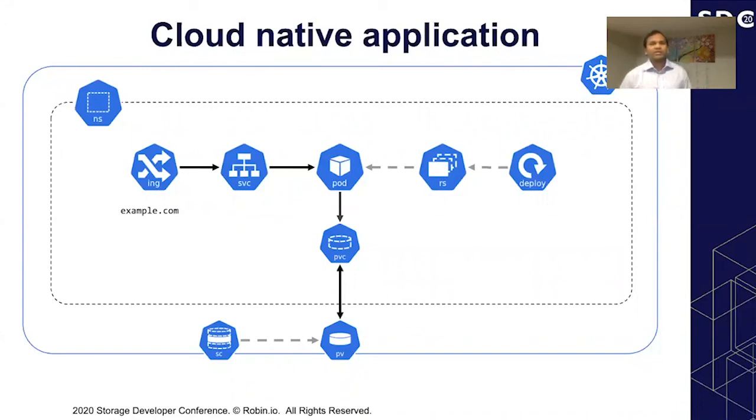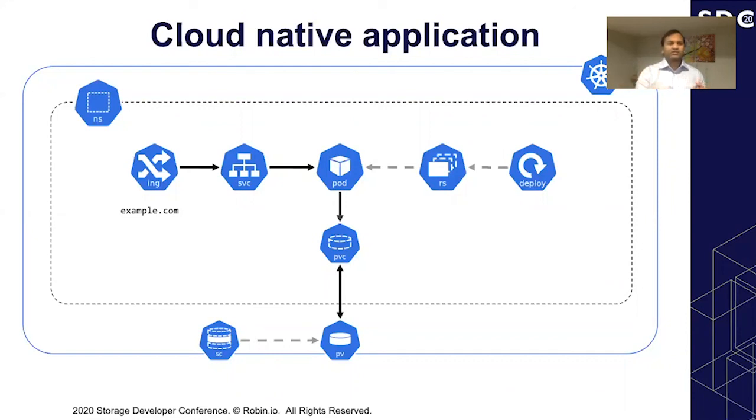So typically an application in Kubernetes looks like this. For example, you want to build a web server. You have a namespace object under which all the objects of the application are scoped, and an ingress object, which is the point where external traffic is routed to the internal services.